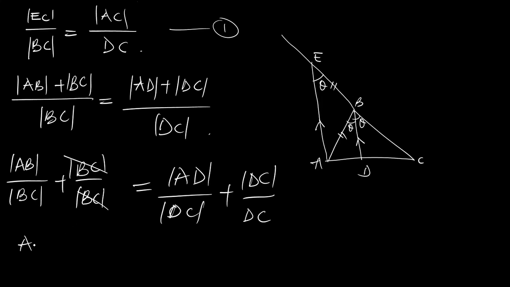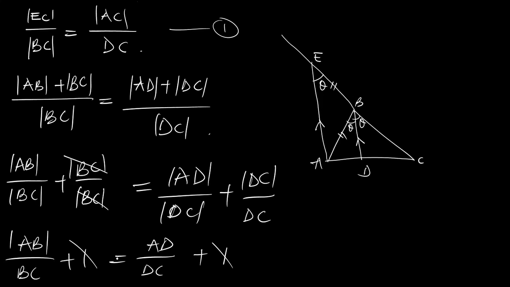So you now have AB all over BC plus 1 equal to AD all over DC plus 1. Since you have 1 here and 1 here, they cancel each other.